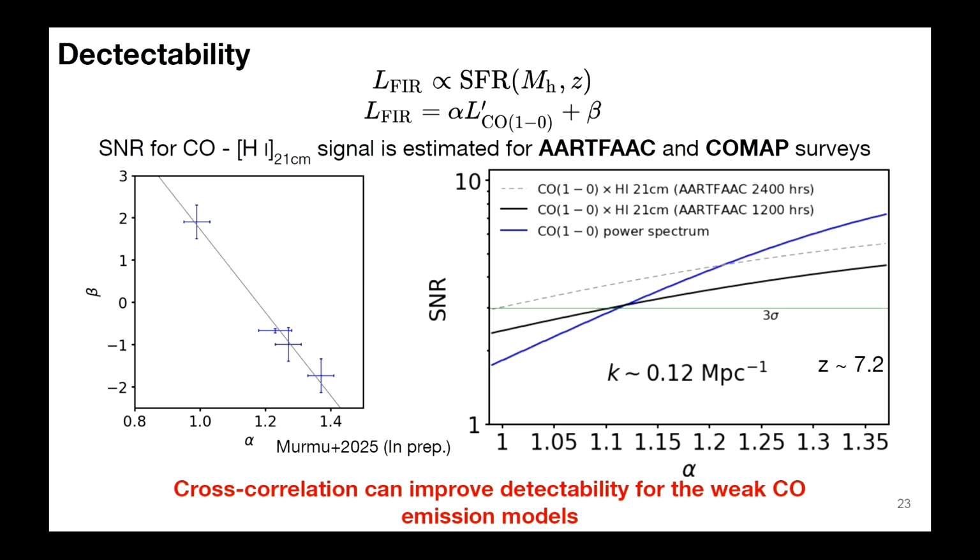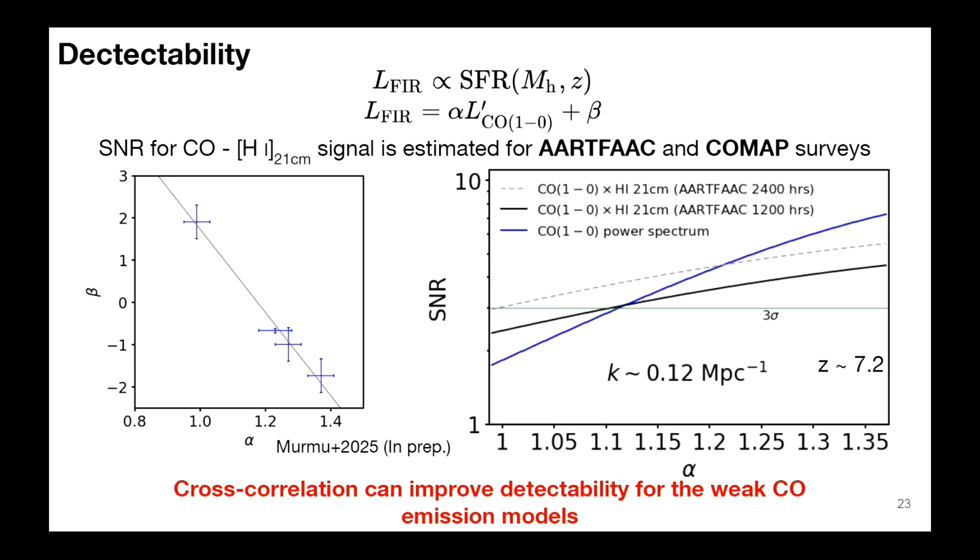Now, we also looked at a scenario where we modeled CO instead of C2, with a CO luminosity halo mass relationship, and we made this luminosity extremely weak, so weak that it is not detectable using, let's say, the COMAP surveys at 3 sigma level, for certain parameters of this model.